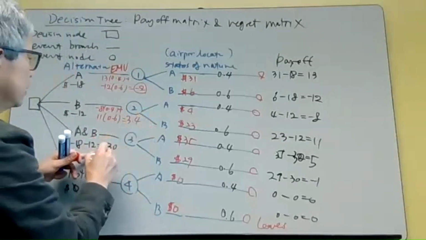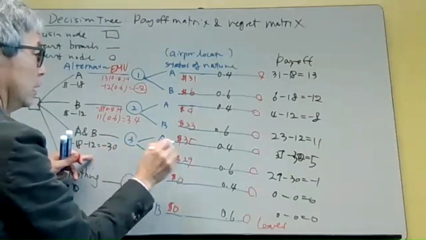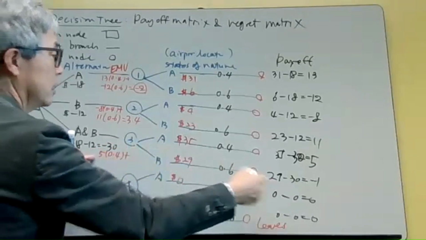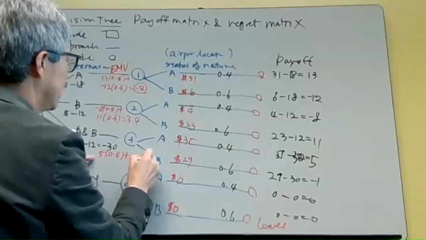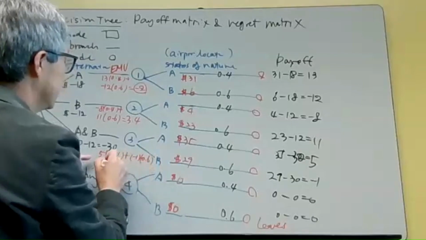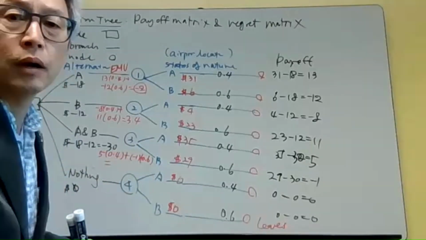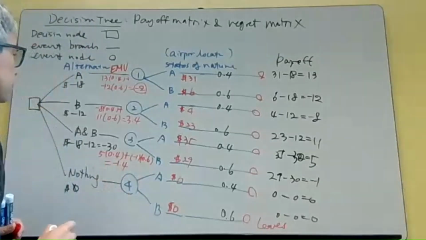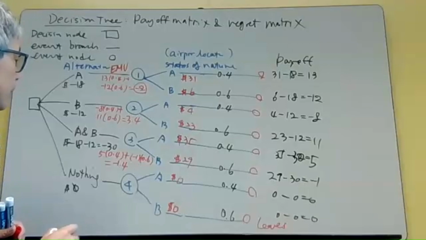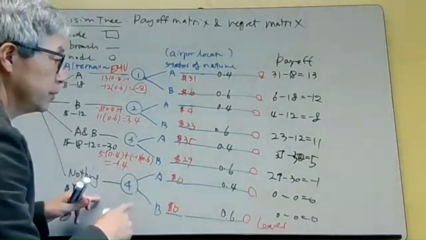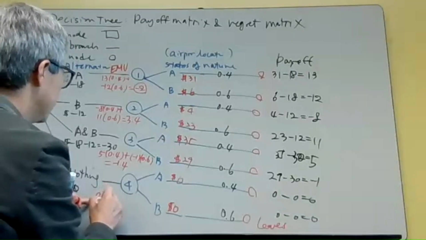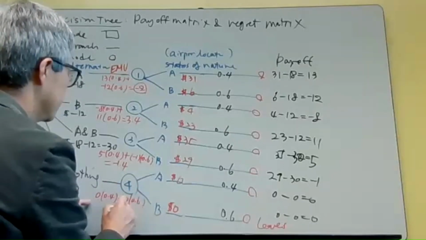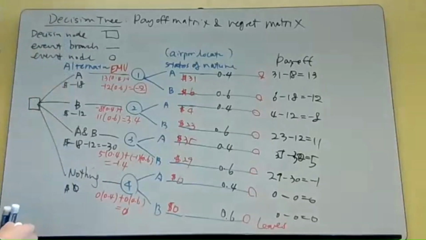The third one: 5 times 0.4 plus minus 1 times 0.6 will be minus $1.4 million. Then the last option: 0 times 0.4 plus 0 times 0.6 will be $0 million.